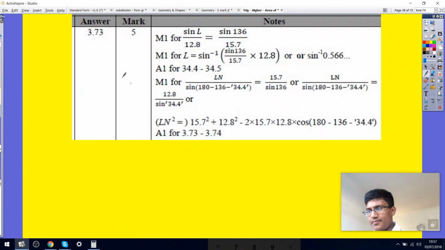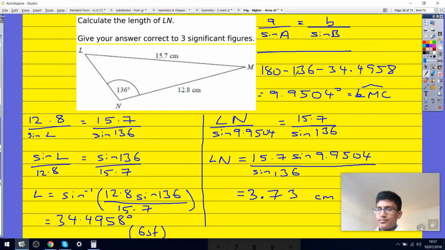And that's 5 marks. Cool, so you got that all yourself. In this case, you had to use both the reciprocated one with the angles on the top, and then the other one with the sides on the top.